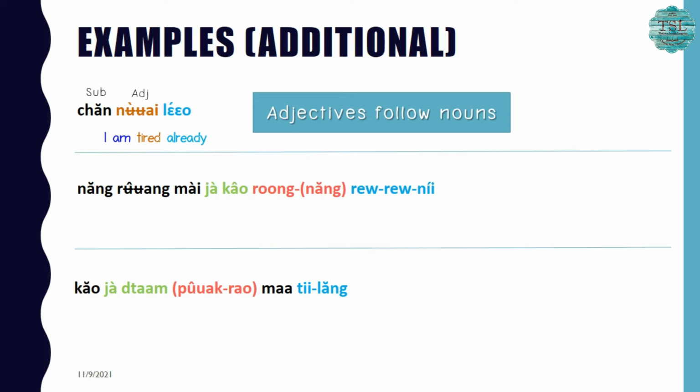The second example: หนังเรื่องใหม่จะเข้าโรงเร็วๆนี้. In this sentence หนังเรื่องใหม่ is a subject which means a new movie. หนัง means movie and เรื่อง literally means story, and also it is a classifier for a movie.